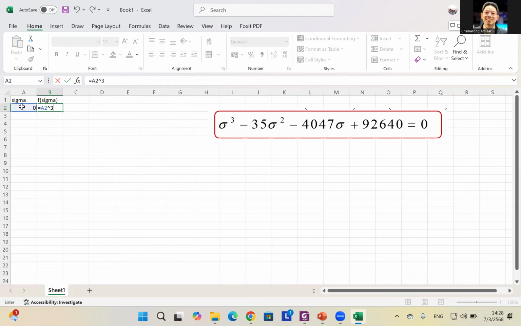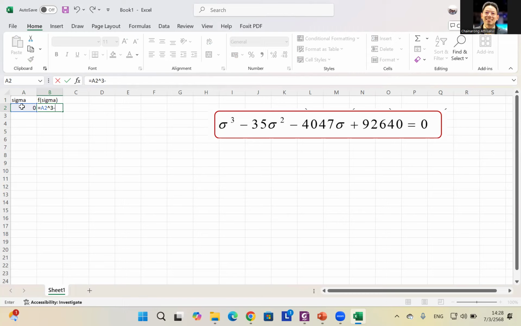Power 3, and minus, because we already completed determining the equation. You may solve it by hand, or you may use Excel to determine this value. It's up to you.